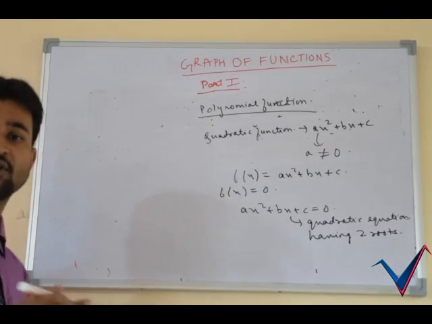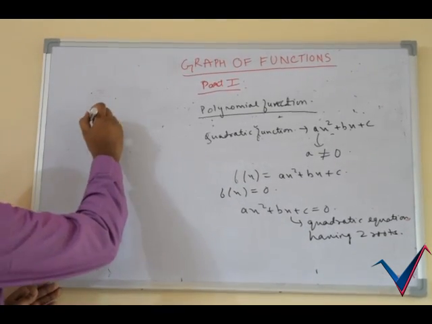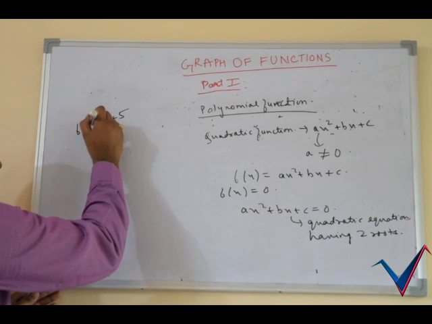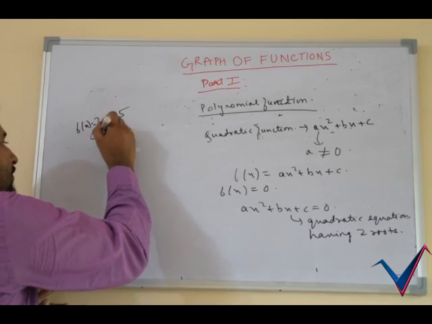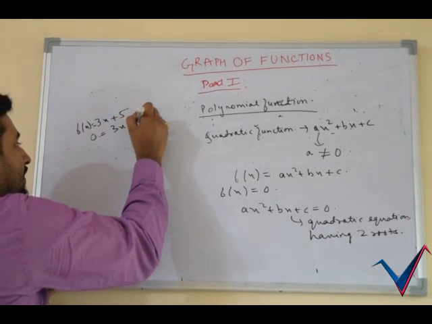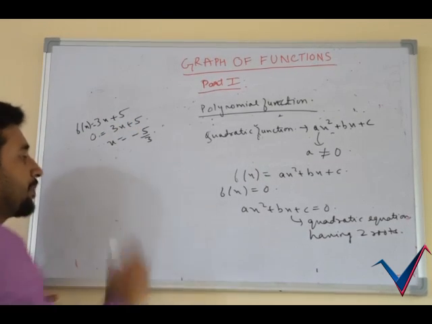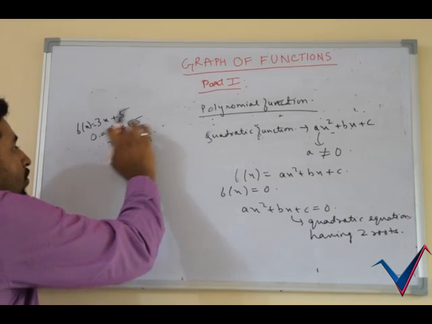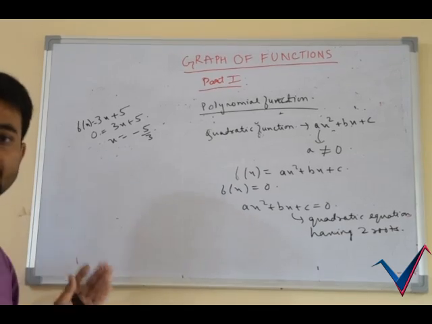For example, consider the linear function which we studied in the earlier class. Suppose f of x equal to 3x plus 5. If you put f of x equal to 0, what would you get? 0 equal to 3x plus 5, or x equal to minus 5 by 3. You got one value of x for which the whole expression was equal to 0.